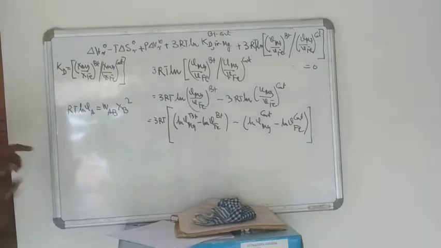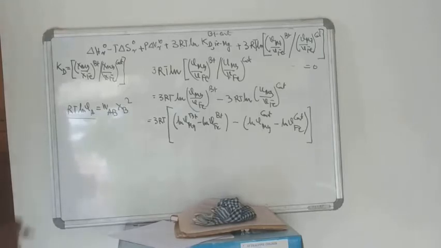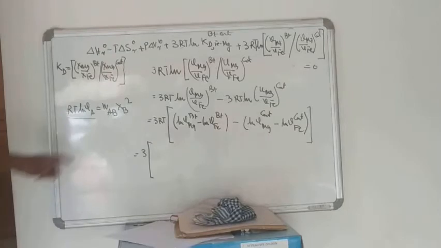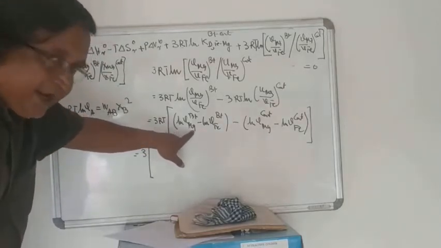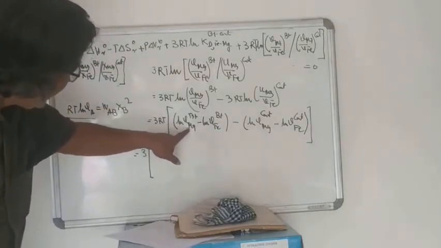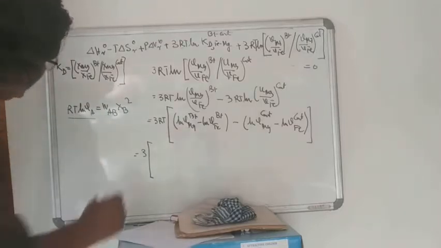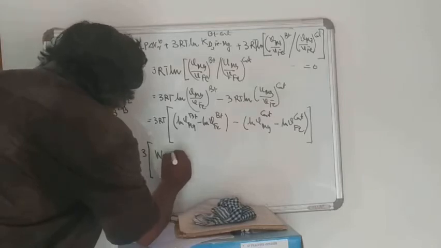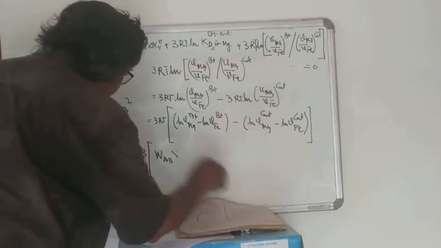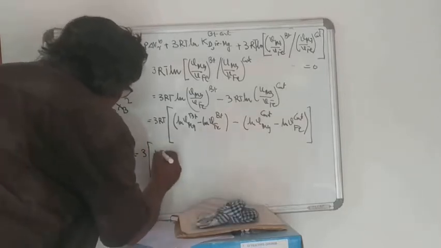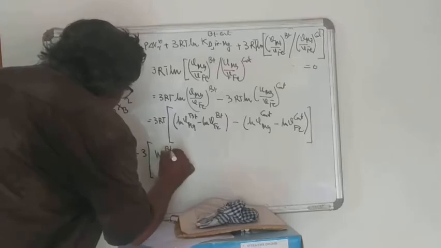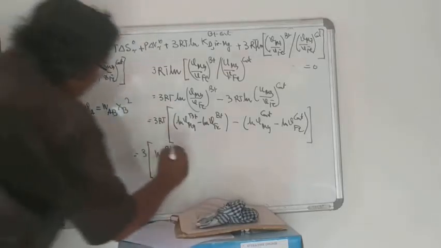Right? Now you can look at this here. Look at this term. So what will I write here? RT ln gamma Mg will be equal to W_FeMg biotite into X_Fe biotite squared.